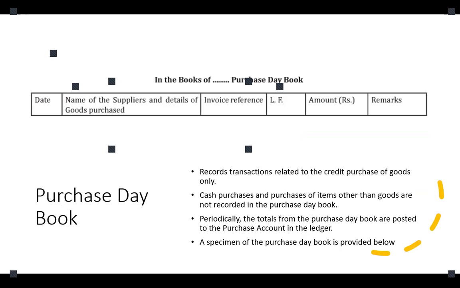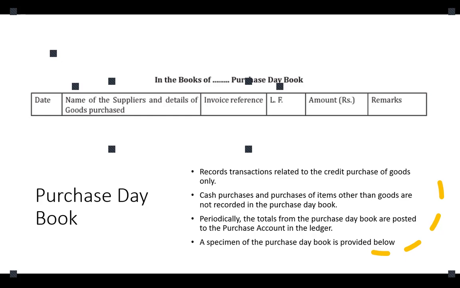What is the nature of this purchase day book? It records transactions related to the credit purchase of goods only. Only credit transactions are recorded in the purchase book. Only credit transactions with respect to purchase. Cash purchases and purchases of items other than goods are not recorded in the purchase day book.